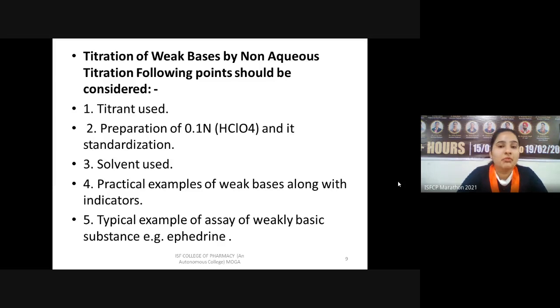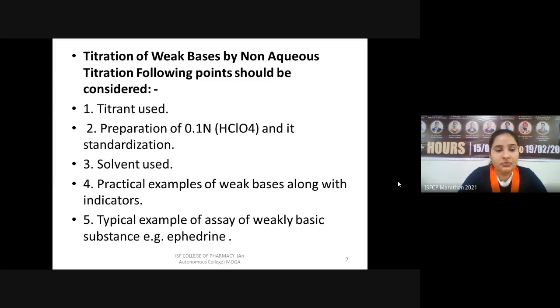By preparing the standard solution of perchloric acid, we can find out the concentration of another unknown sample, the unknown base drug which we will be using. So the standardization is very important.